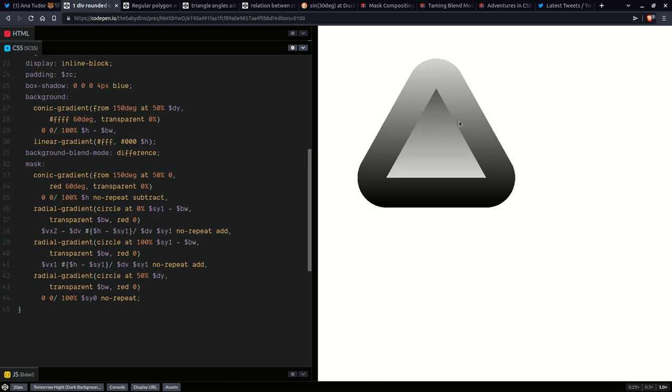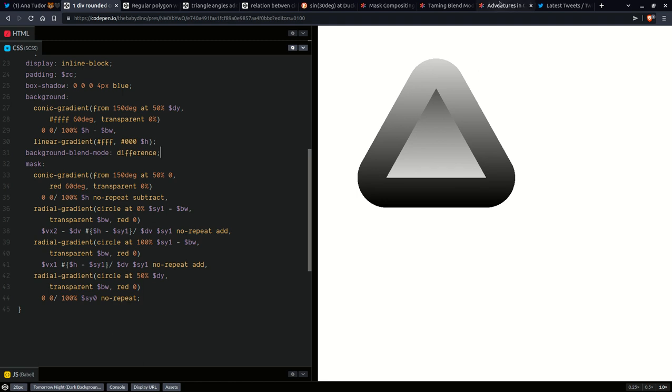Okay, but this looks a bit too dark and not quite what we wanted. So one way to do that is add one semi-transparent layer on top with a normal blend mode.